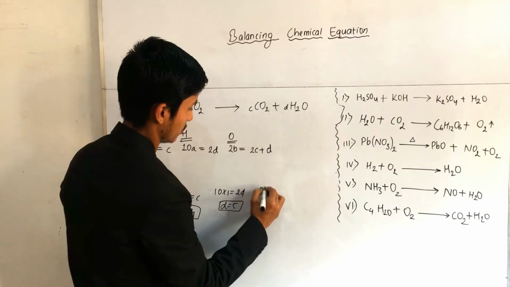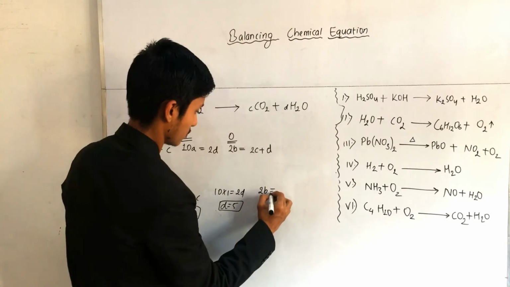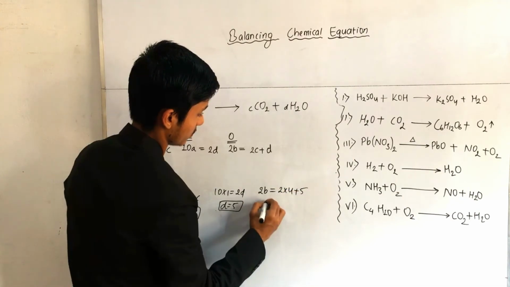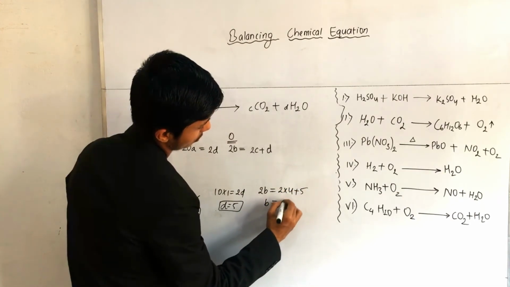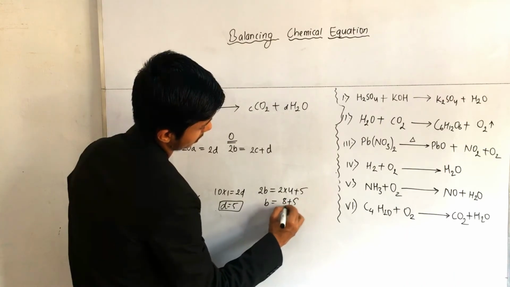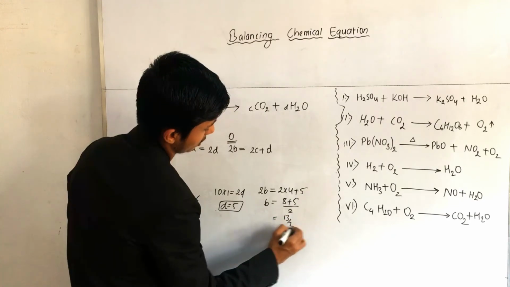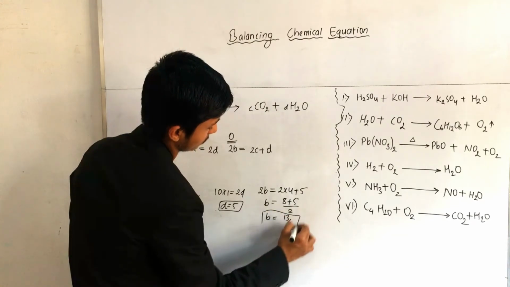Similarly 2B is equal to 2 into 4 plus 5, that is 8 plus 5, so B is 13 by 2.